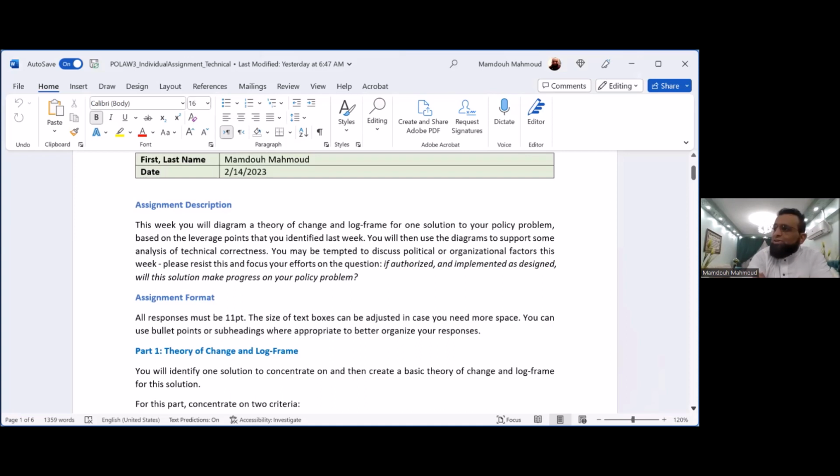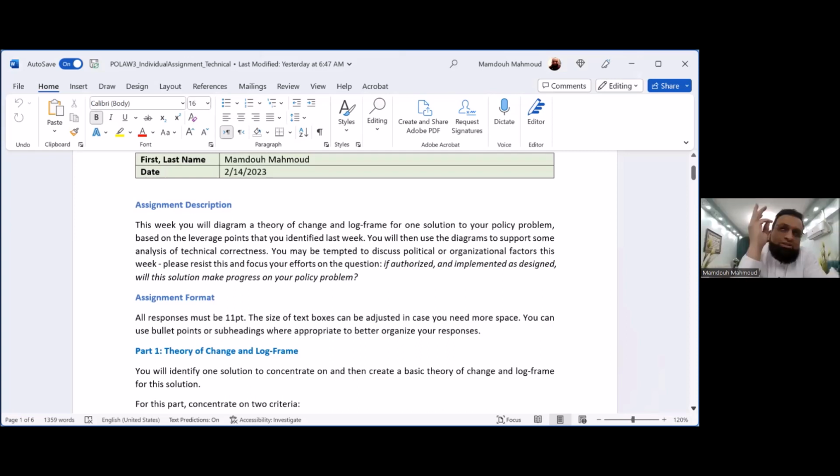What do I mean by technical correctness? For every project to succeed, for every solution to have impact, we need three components. It needs to be technically correct. Repeat it after me within yourself, yani. Technically correct.